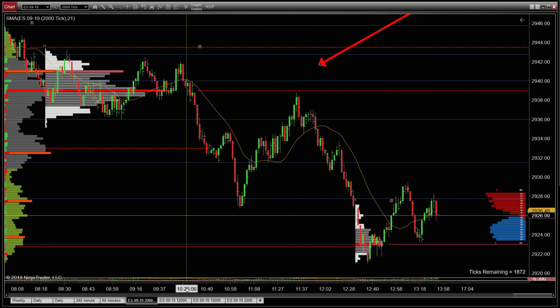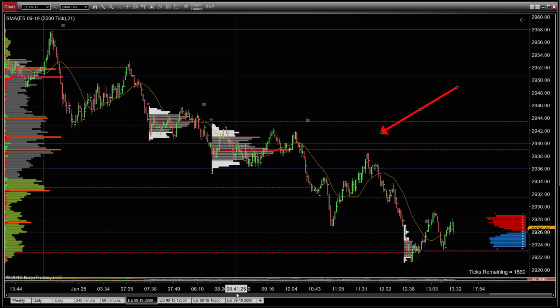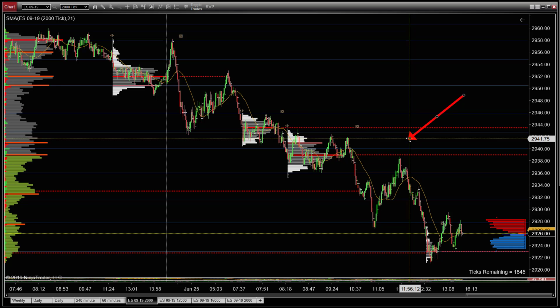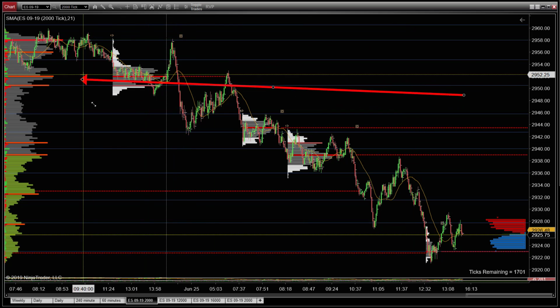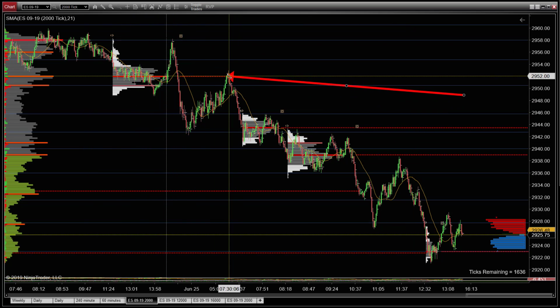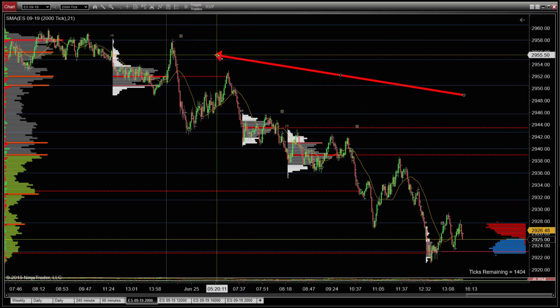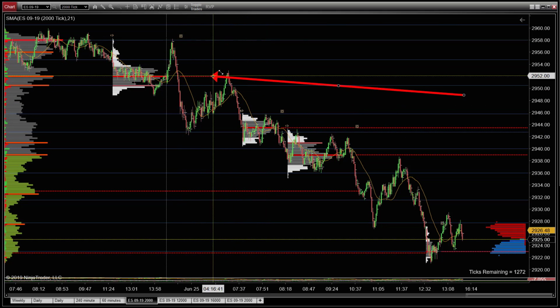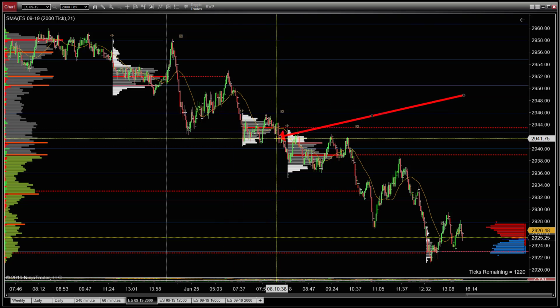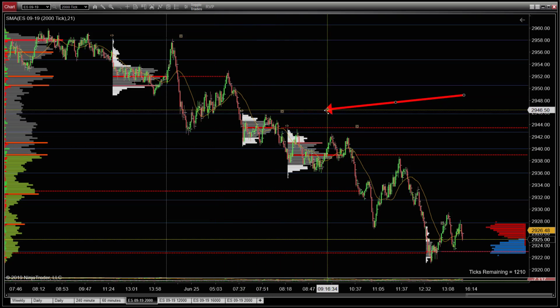But anyways, in this morning's video, I had already drawn in this profile, and this is where it hit this level right here. There was another profile up here, which was this 58 level. You can see this guy sold down, built us a nice little volume node right here.